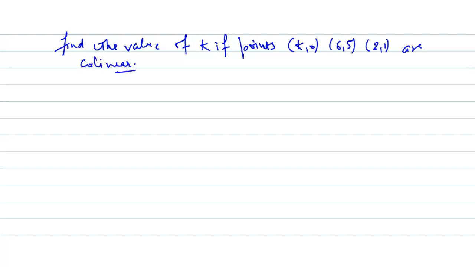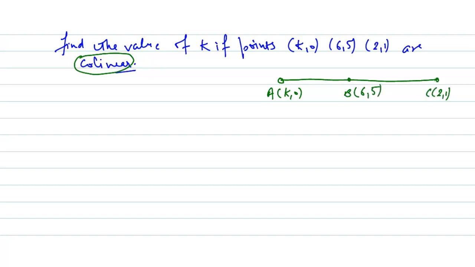Now what is the meaning of collinear here? The word collinear means all the points lie on a straight line. If we use a diagram here, it is like this. The first point A is given by k, 0. The second point B is somewhere on the line, with 2, 1.